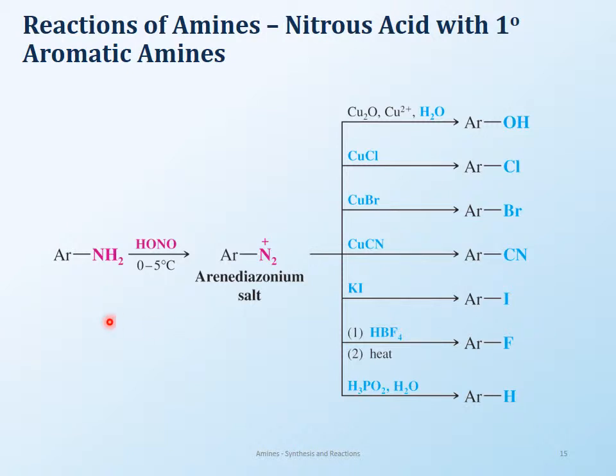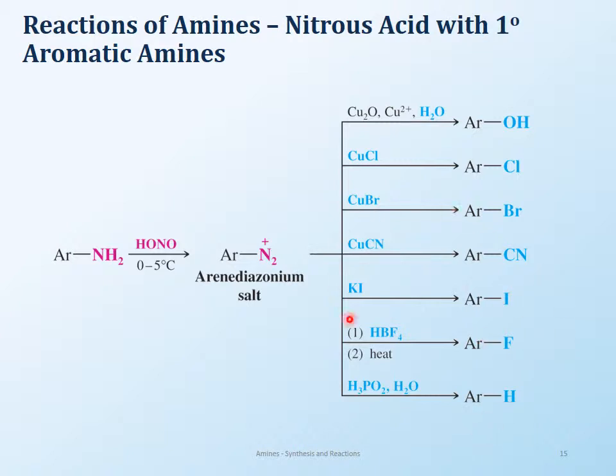And if you wanted to get rid of the amine, you can do that too. Using a weak acid, phosphorus acid, and water, you can get rid of the amine group entirely. Synthetically, these reactions turn out to be very useful when you're trying to do multiple step synthesis. There is another useful reaction of this, which we'll talk about in a few minutes.